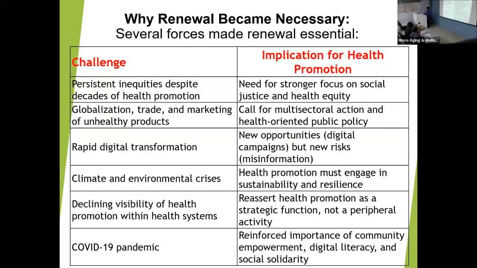You may not be in a position to sit at the table that determines the policy and the content of the policy. So there is always that constant challenge. Globalization, trade and marketing of unhealthy products. Yes, stress on the unhealthy products. Call for multi-sectoral action and health-oriented public policy. I would have seen where some efforts are being made here in Jamaica, spearheaded in particular by the Heart Foundation of Jamaica.